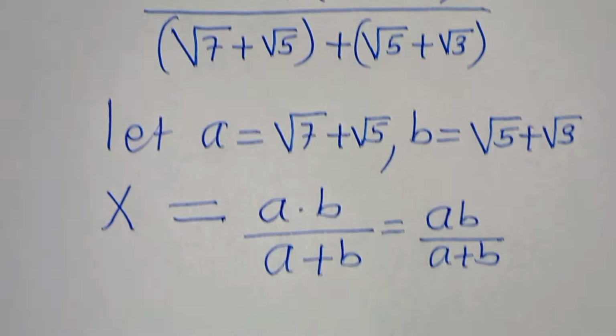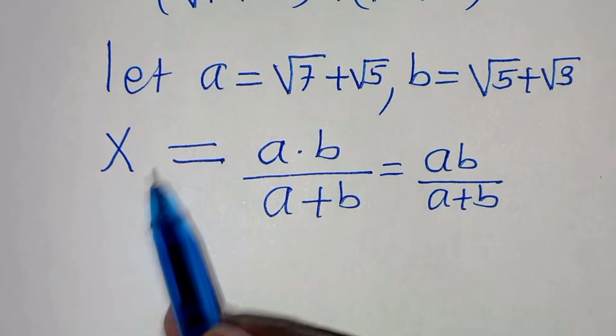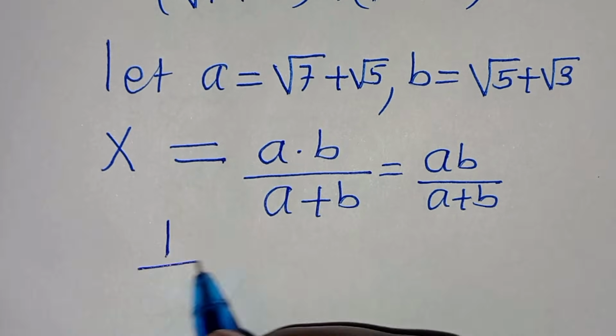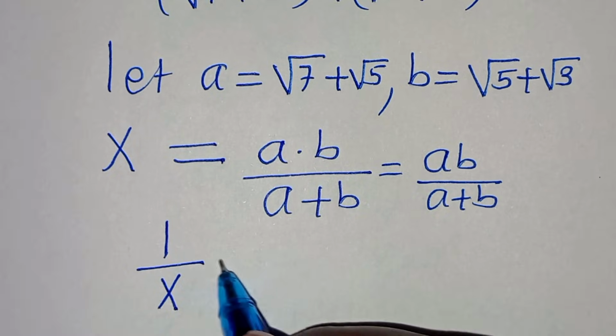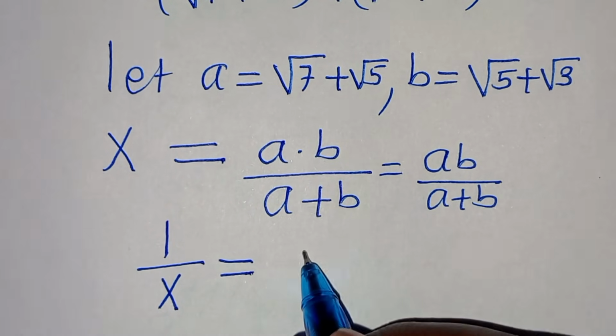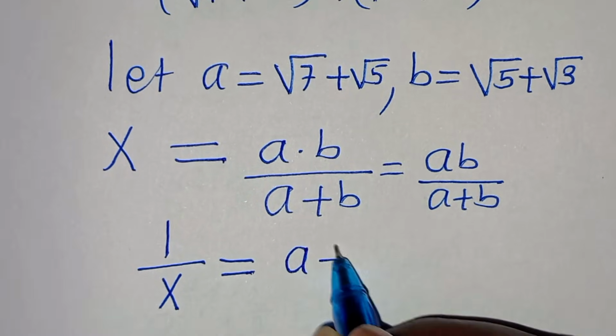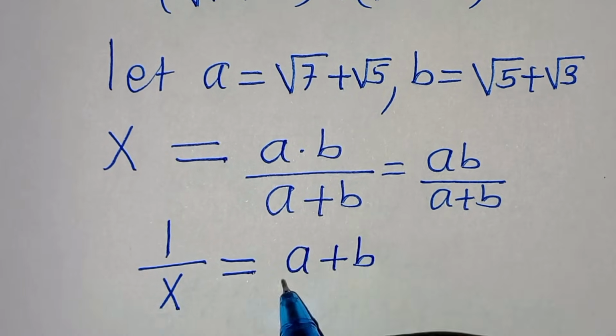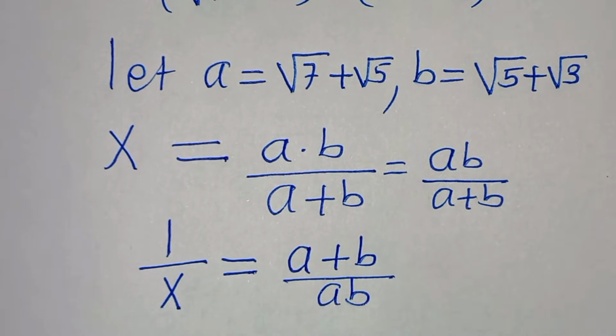Now, if we get the reciprocal of x here, that is 1 over x. This is the same thing as a plus b divided by ab.